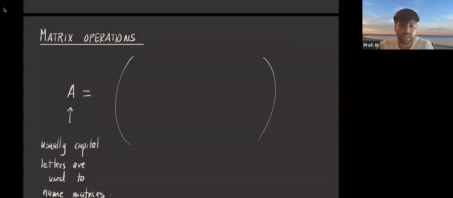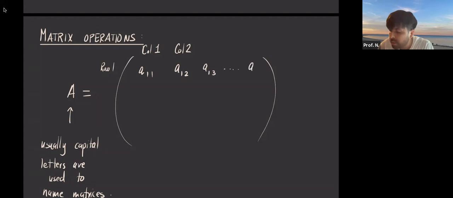How do we denote the entries? We use indices for them. If we have an uppercase letter, then we use lowercase letters for the entries. So this is row 1 and this is column 1. Row 1, column 1, we have a11. That's the first row, first column entry. Then we have first row, second column, then first row, third column, so on and so forth until, supposing there are m columns, column m, this is a1m.